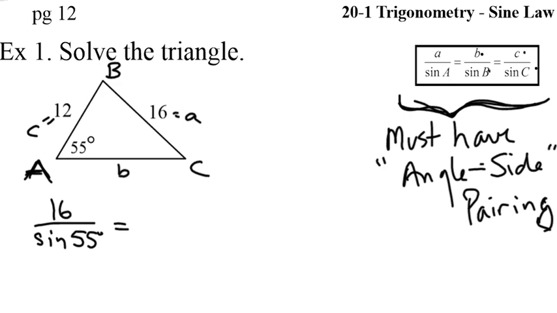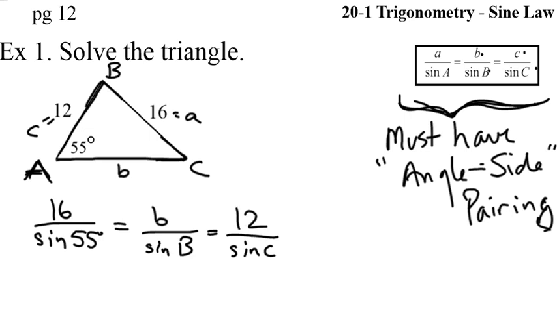Now I'll go to my b's. Angle B, which we don't know, so sine of B, and side b, which I also don't know, so I'll leave it at that. And then we have sine of C, which we don't know, over side c, which is 12.